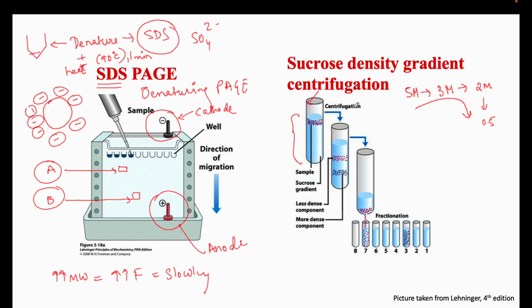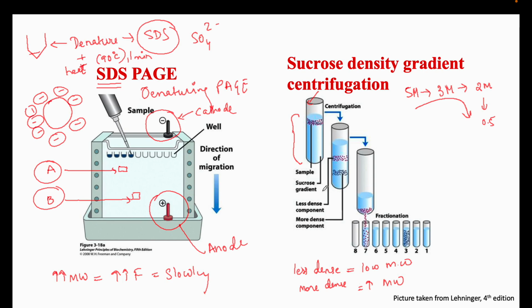And then we do centrifugation. And what happens, the less dense proteins, again less dense is equivalent to low molecular weight, and high molecular weight will be more dense, right? Makes sense? So less dense will float on the upper side of the sucrose gradient, whereas the more dense components of the protein will go to the lower part of the sucrose gradient.